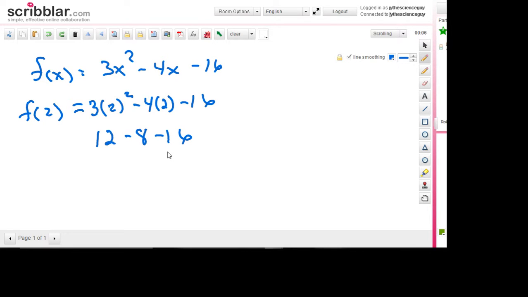Let's say this is my f of x. And I'm going to say that f of x is equal to 0. And now I want you to find what x is. How would you do that? Set it equal to 0, right? Right. So set it equal to 0. 3x squared minus 2x minus 16 equals 0.